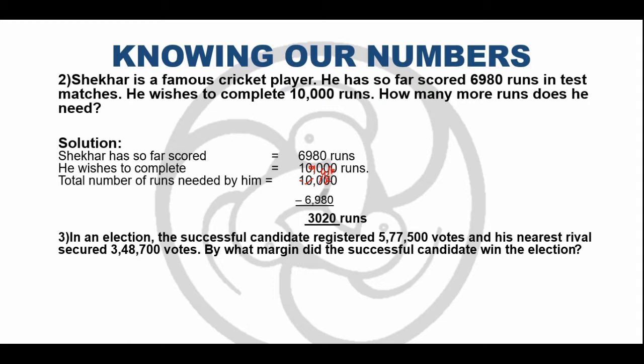So the third question is, in an election, the successful candidate registered 5,77,500 votes and his nearest rival secured 3,48,700 votes. By what margin did the successful candidate win the election? So what is the question given here?